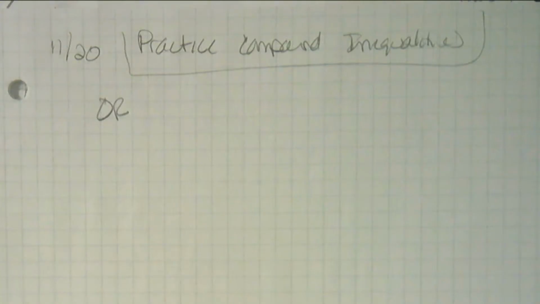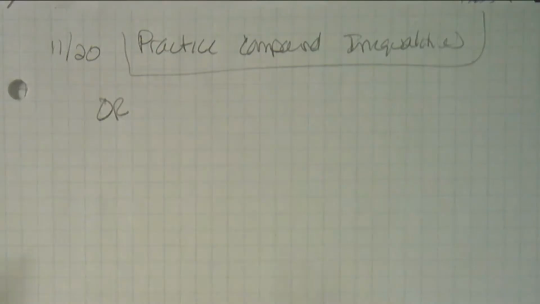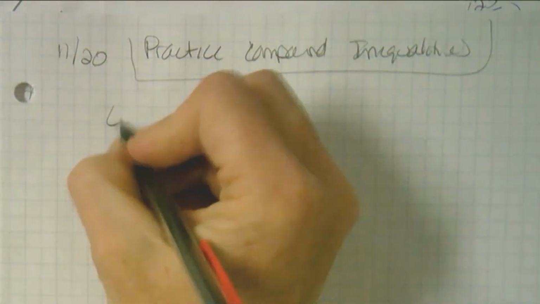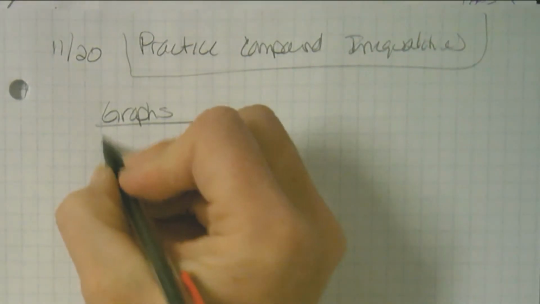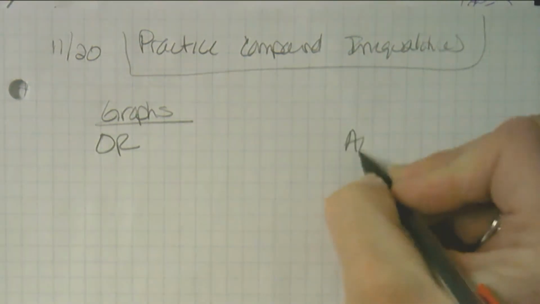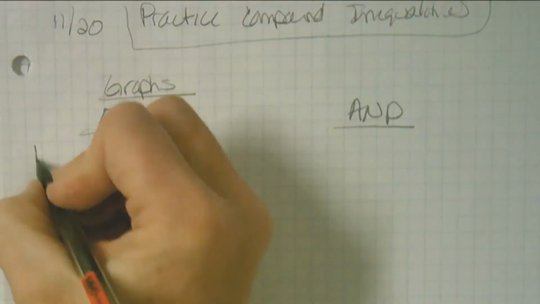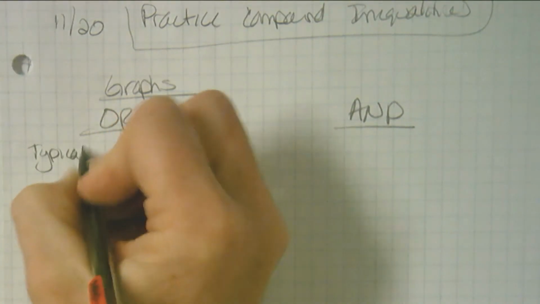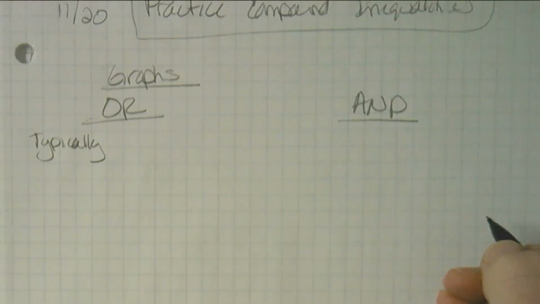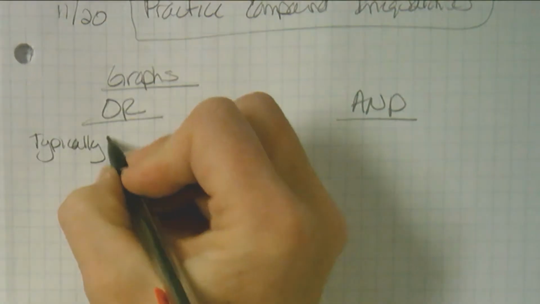Let's talk about the graphs. When we have an OR and then we have AND, I'm going to write typically. Typically this could be an AND, an OR inequality.